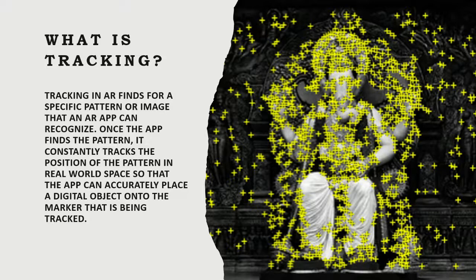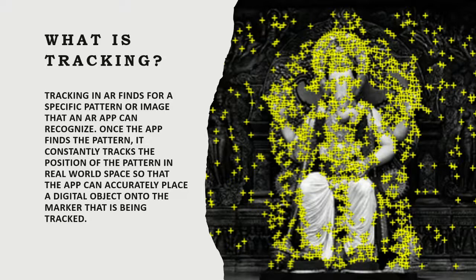That's where the tracking helps. How does it help? You can see the feature points here, and these feature points help the app track the marker, to keep the marker in track, and also move the particular digital object along with the marker.